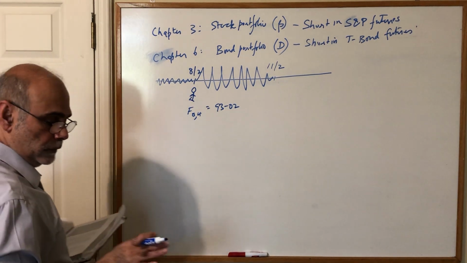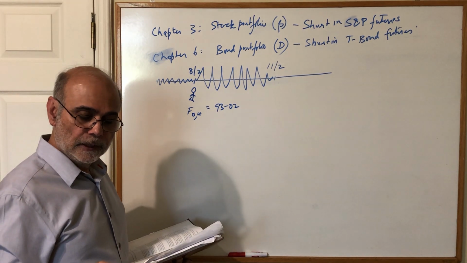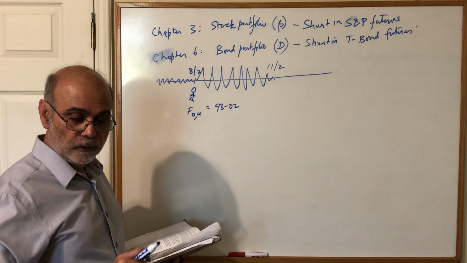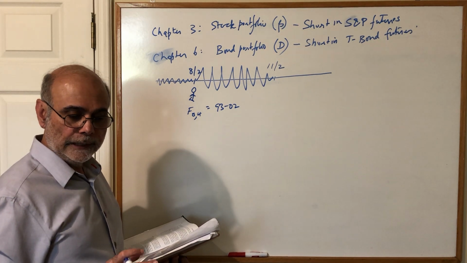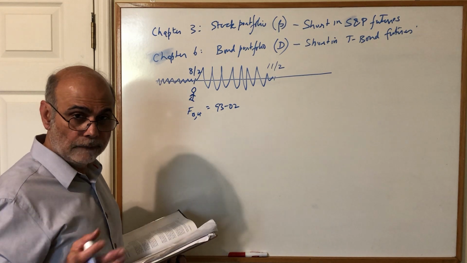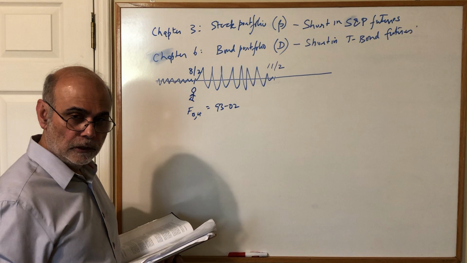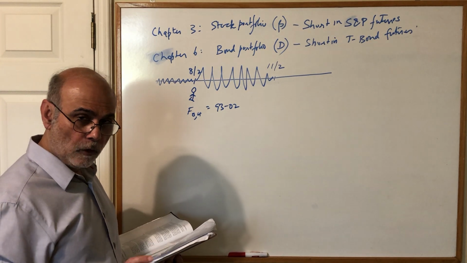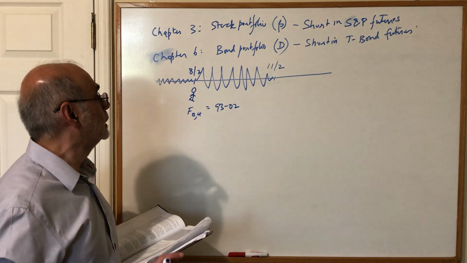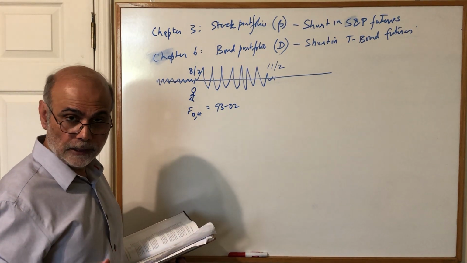Remember I told you there are 4 types of futures contracts. There is the 2-year, 5-year, 10-year, and the T-bond contract. Each contract will have a different maturity for the cheapest to deliver bond associated with it. So if you have a really long duration portfolio, then you would go with a long maturity futures contract, which is the T-bond contract.